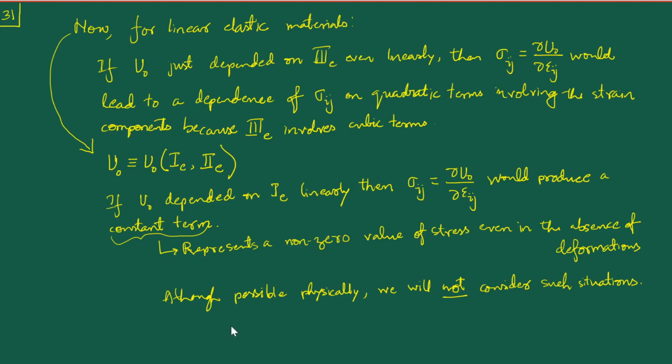So if we do not really wish to consider such situations, then what we had started out with here, u naught dependent on this first strain invariant linearly, that is a no-go.